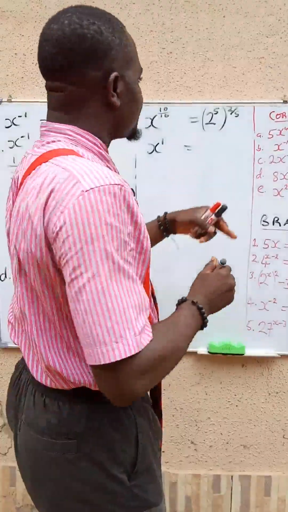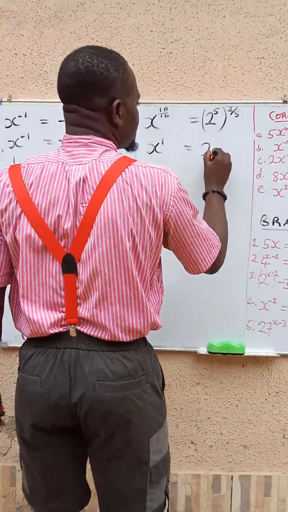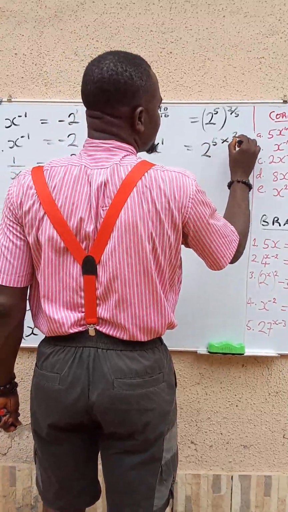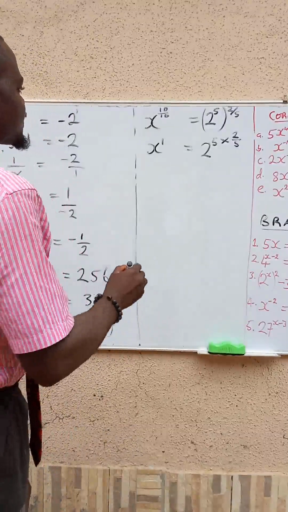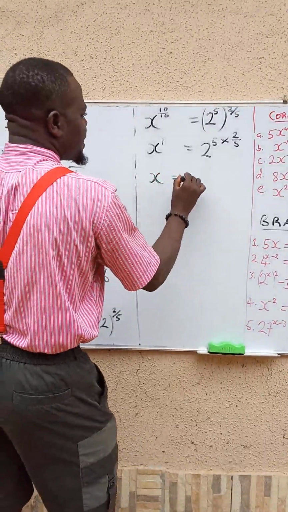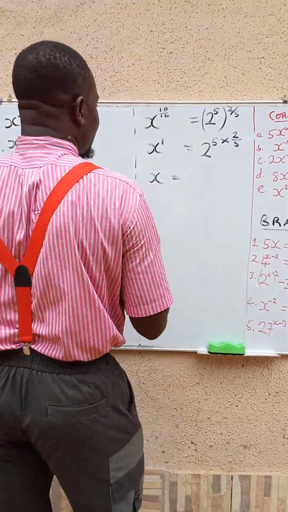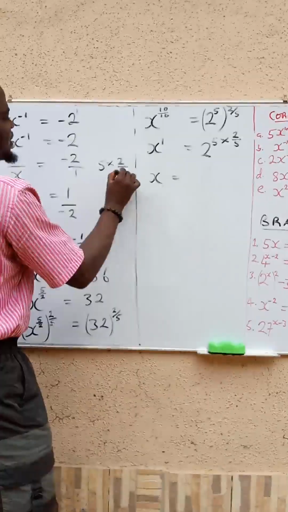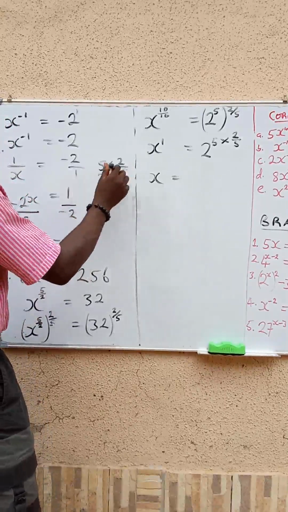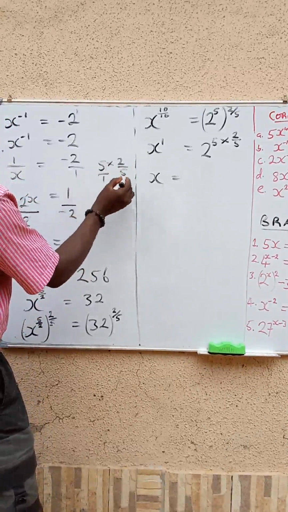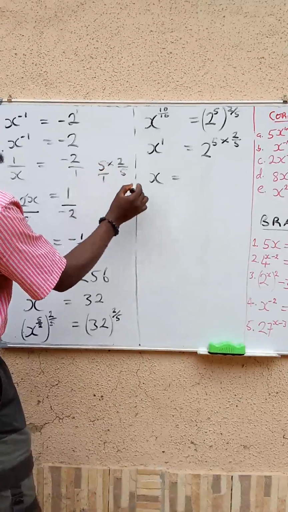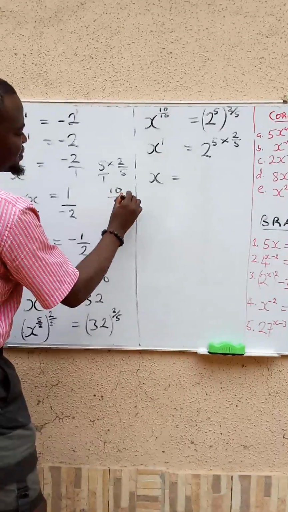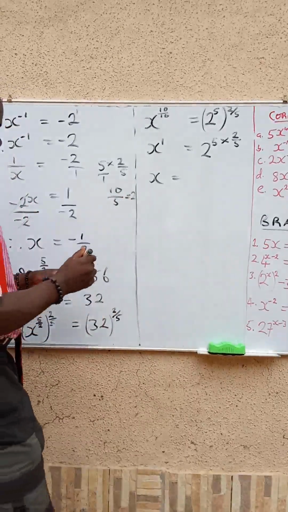This is the power law. 2 raised to the power of 5 times 2 over 5. X will now be equal to 2 to the power of 5 times 2 over 5. Look at it here. That is 5 times 2 over 5. You can balance this one to be 1. This 5 will go with this 5, it remains 2. Or if you want to multiply it, 5 times 2 is 10 over 5, which is equal to what? 2. So it's still the same thing.